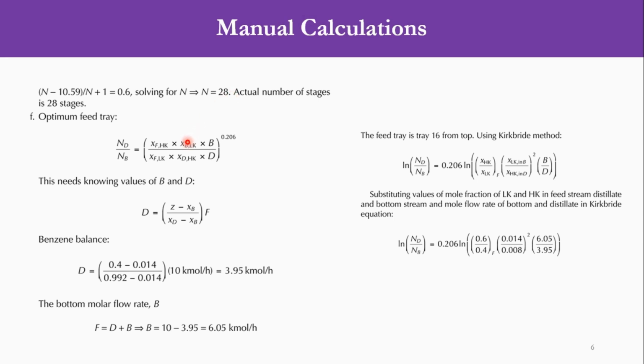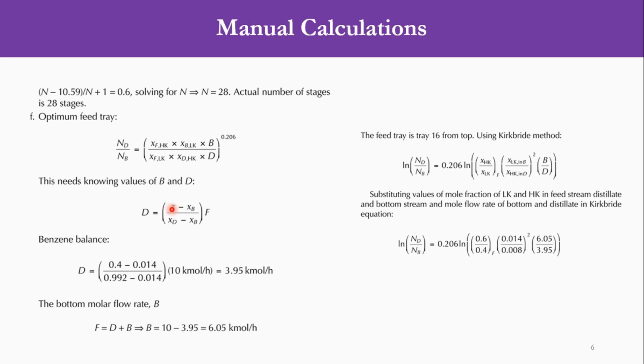Then optimum feed tray, N of D divided by N of B is equal to X of F in heavy key, light key, heavy key B and D, and flow rate of bottom and distillate. Now we don't know the flow rate of bottom product and top product, so applying the mole balance, we get this equation.